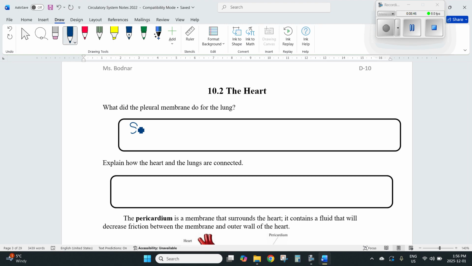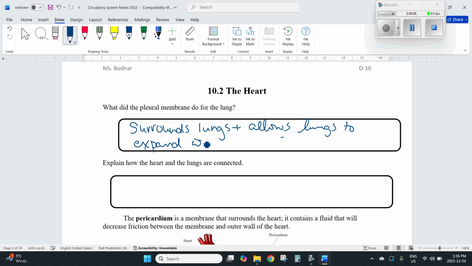Okay, so it surrounds lungs and allows lungs to expand with intercostal muscle movement.